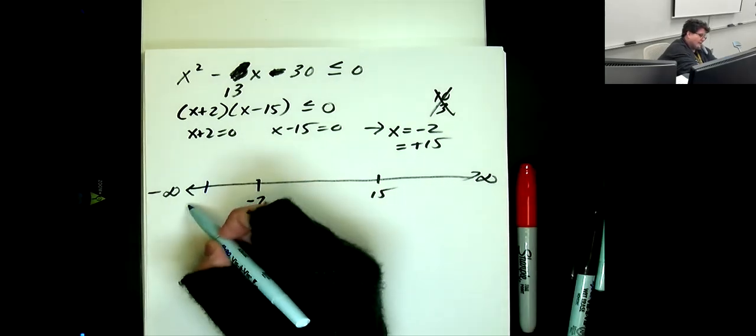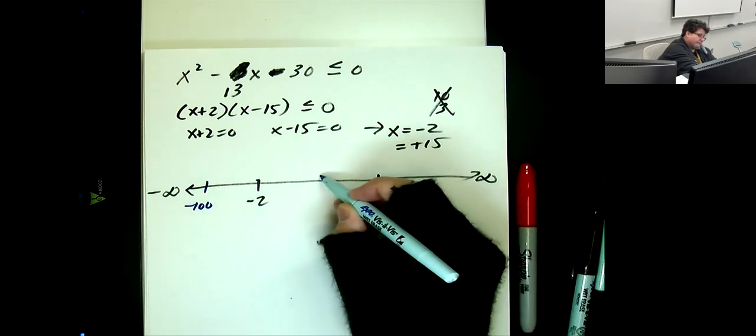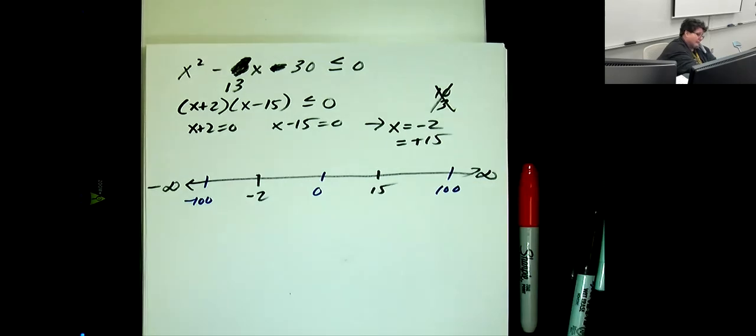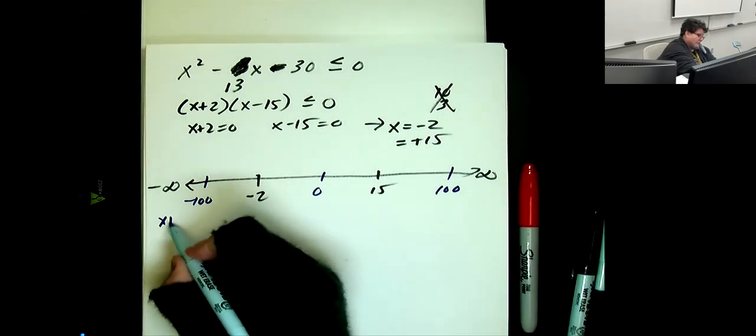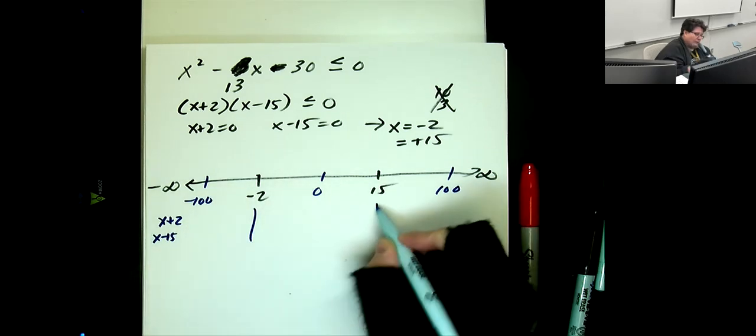Let's do maybe -100 over here, 0, and 100. Let's see, if I do x plus 2 and I do x minus 15, going across the board, what do I get?